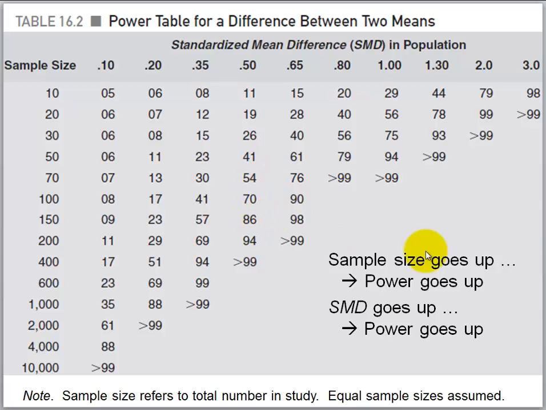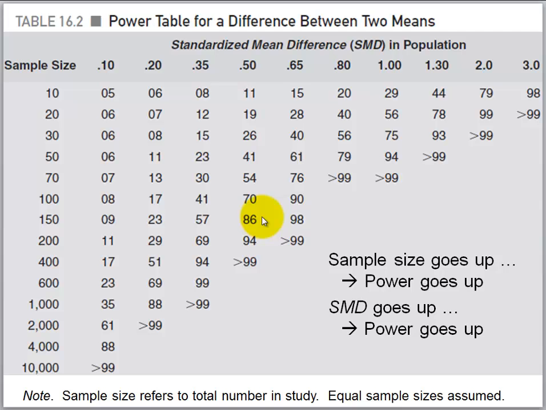Now I'll just quickly mention we're presuming two-tailed tests here. If you were able to do a one-tailed test, that is, if you had strong reason to think one group would do better than the second group, your power would be higher. Also, we're presuming that the 0.05 level is used. If you were using the 0.01 level, your power would go down.